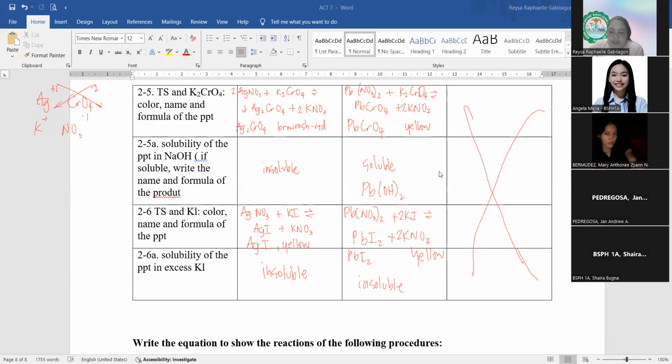I'm contemplating if this will be a moving exam or a written exam, but there is a bigger chance it will be written, because most likely I will put it in a table. So please do not forget the precipitating reagents and the balanced equation. The colors of the precipitates are also important.